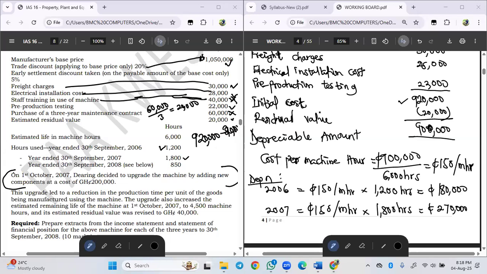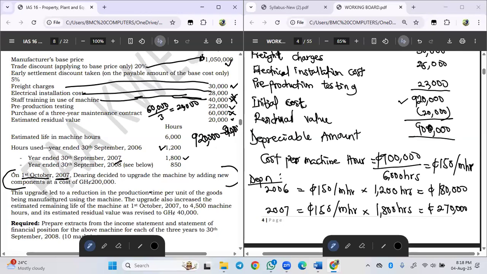So here, the upgrade happened in 2007, but it was 1st October. But the year end is what? 30th September. Meaning, as at these dates, we've already prepared the financial statements for 2007, because this happened immediately after the 2006 to 2007 year.